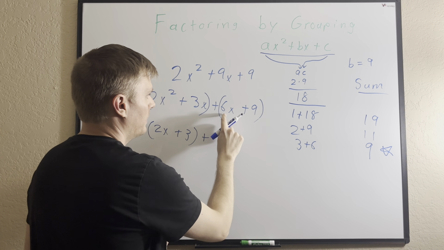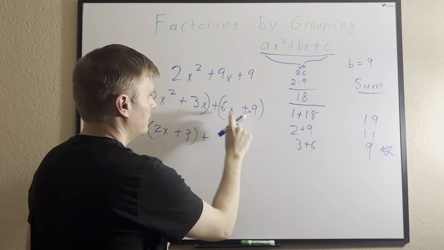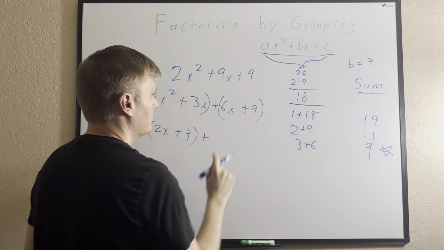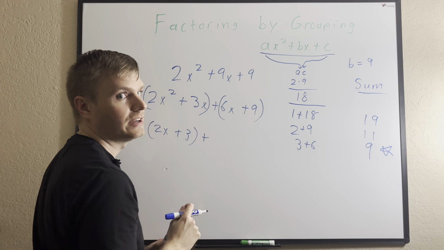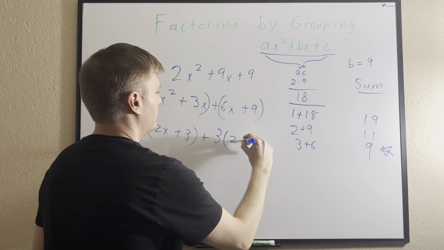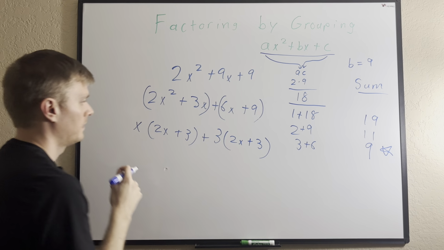They don't have an x in common, but can we divide 9 by 6? No. Can we divide 9 by 2? No. Can we divide 9 by 3? Yes. We can divide 9 by 3, and we can divide 6 by 3. So 6 divided by 3 is 2x. 9 divided by 3 is 3.